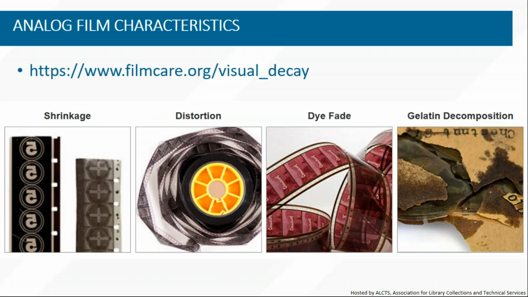Some other aspects of film that we should consider when we're preparing them for digital preservation is what is the condition. I did state that environmental controls are very important. So considering that, it will help you understand what actual films you need to do first, because they might be more susceptible to complete loss.